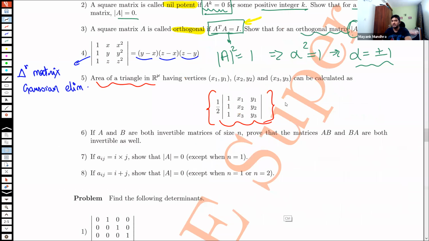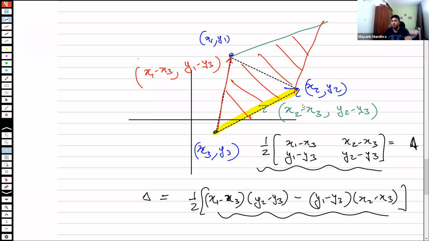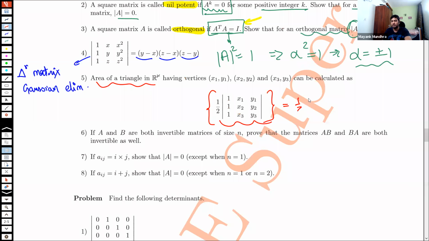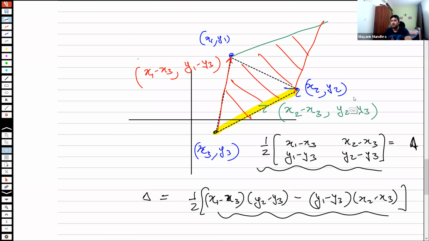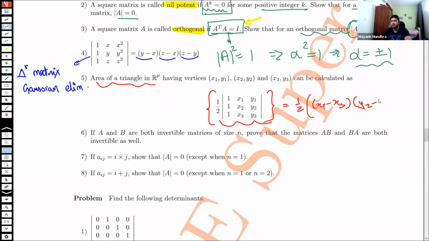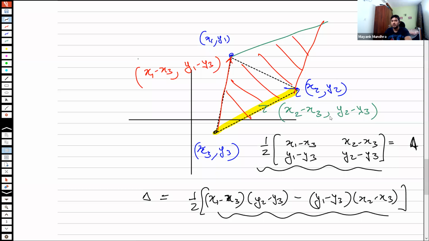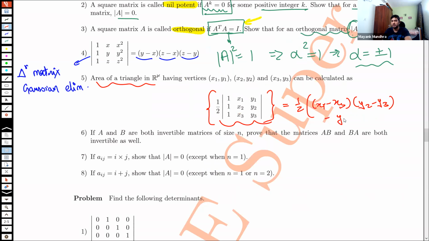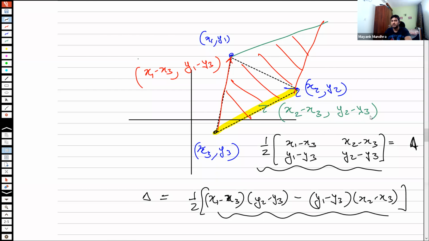So I have to show that this value must be equal to half times of x1 minus x3 into y2 minus y3 minus y1 minus y3 into x2 minus x3.